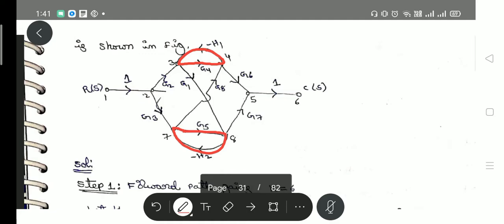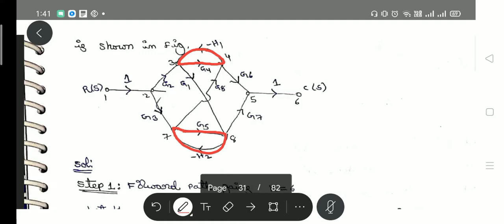Are there any other two non-touching loops other than this? No, right? Only one two non-touching loop is there, that is 3 4 and 7 8.